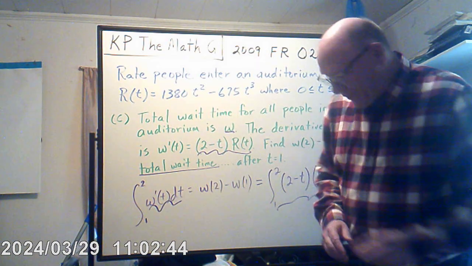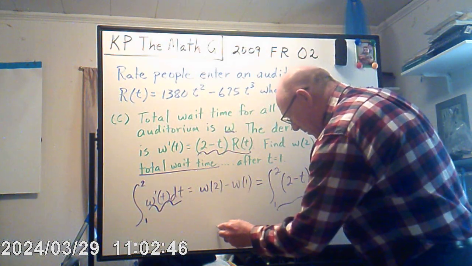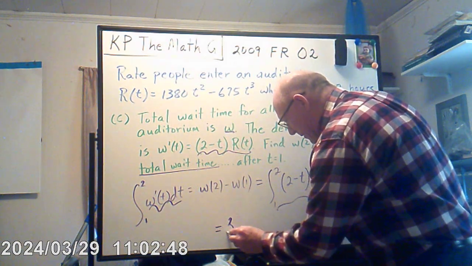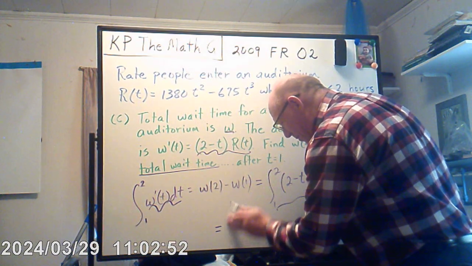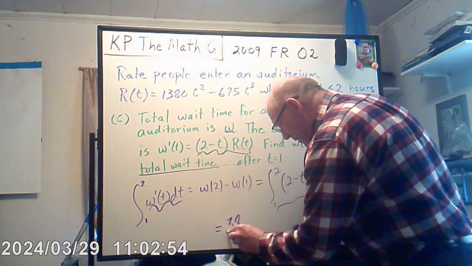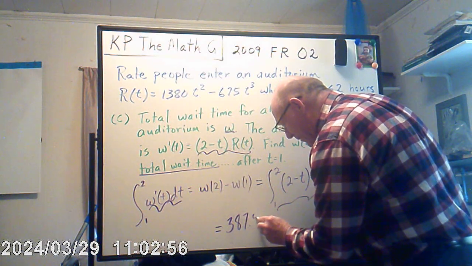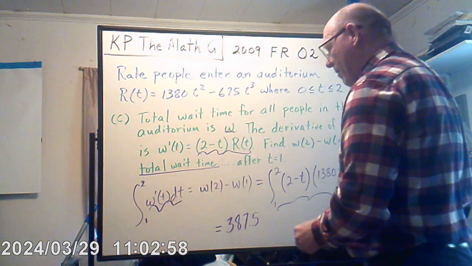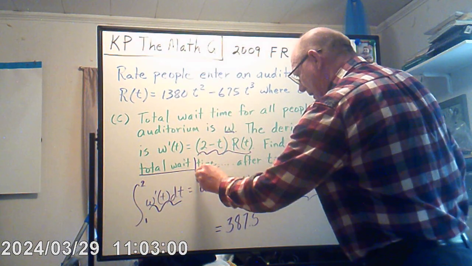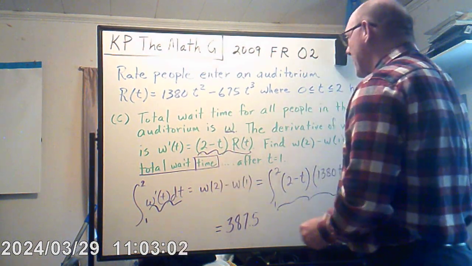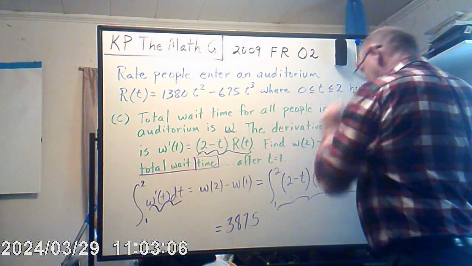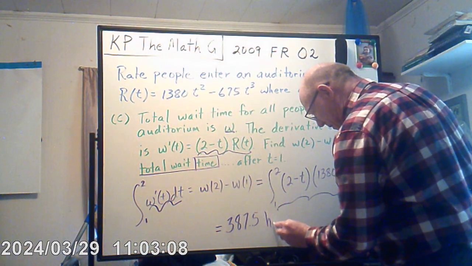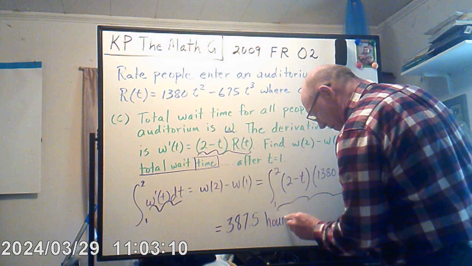All right, so 300, which is equal to 387.5. Now it says total wait time. Time is in hours. Yes, it is hours right here. So hours. You do need to put your units down.